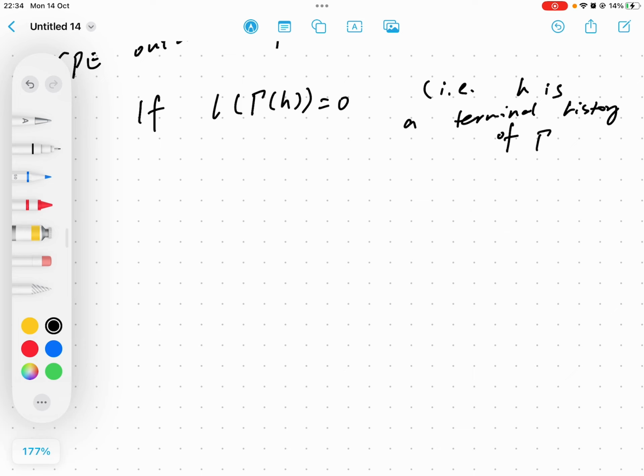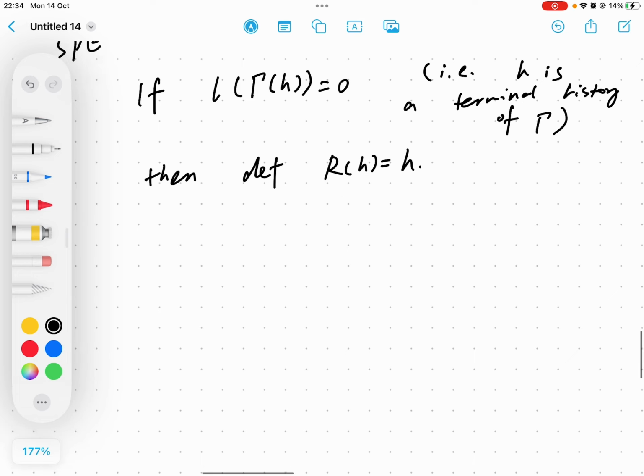Of gamma. Okay. So then we should just say that R_H is H, for simplicity.